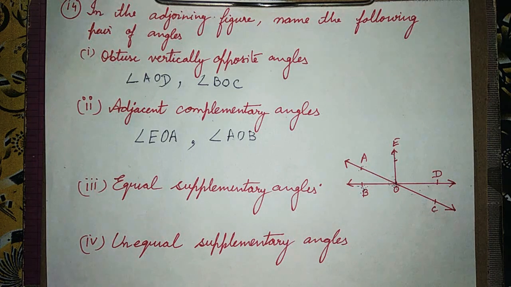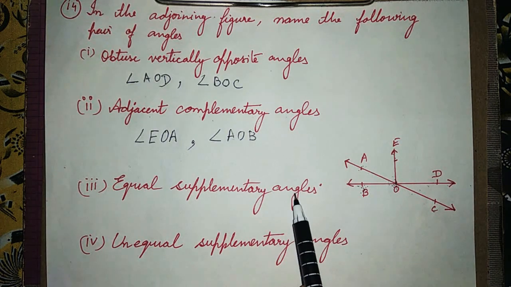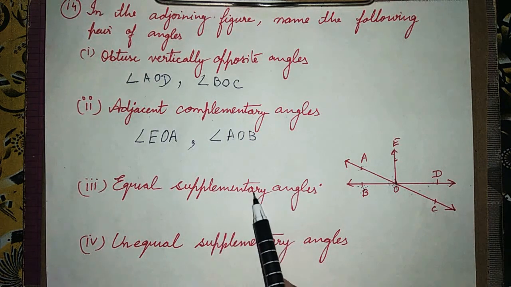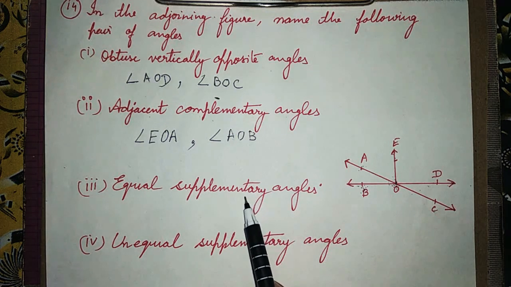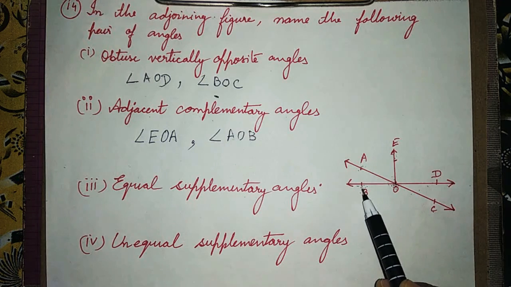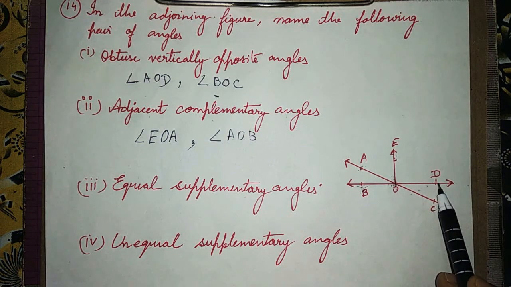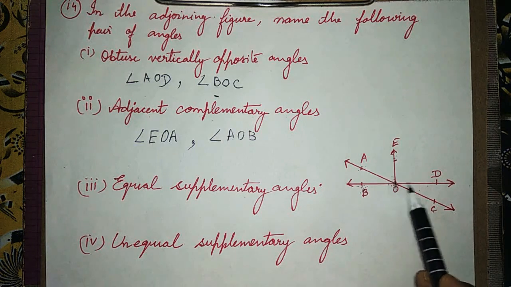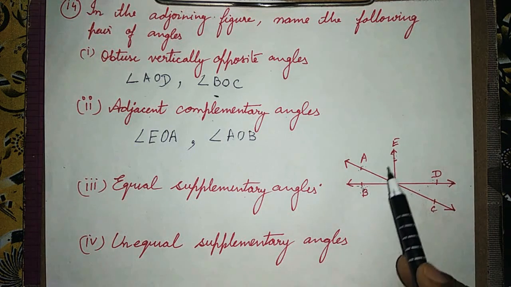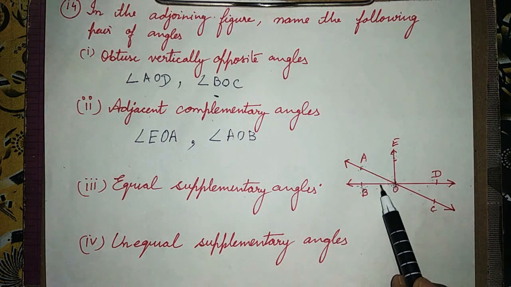Now see the third part. Third part is equal supplementary angles. So here you can see angle EOB and angle EOD. They both are equal and they both are supplementary also. Why are they both supplementary?